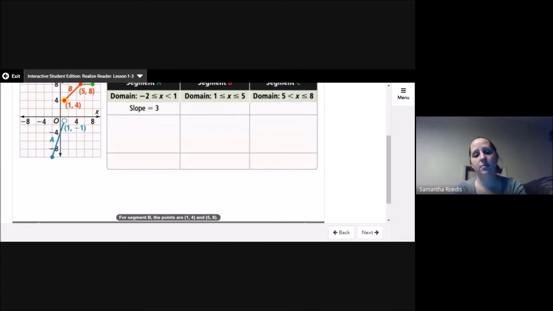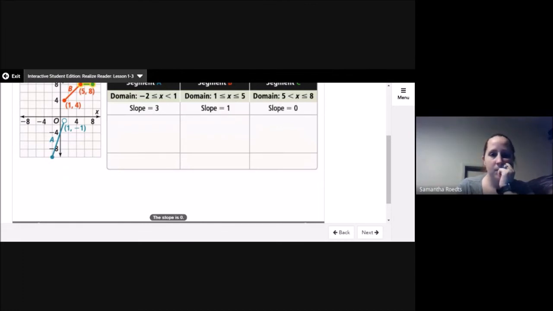For segment B, the points are 1, 4, and 5, 8. That's a change of 4 in y and a change of 4 in x. The slope is 1. For segment C, the points are 5, 8, and 8, 8. There is no change in y over the change in x.